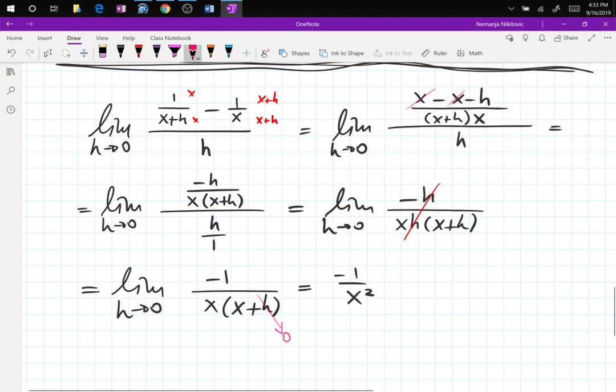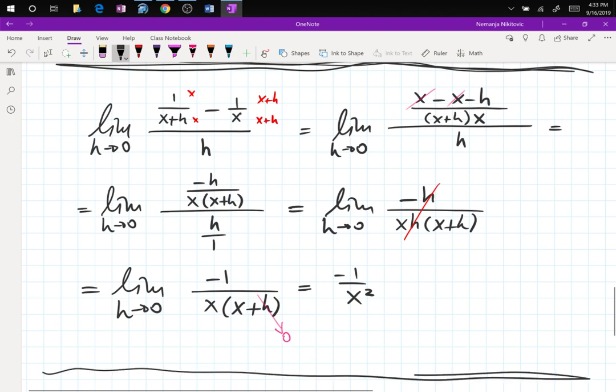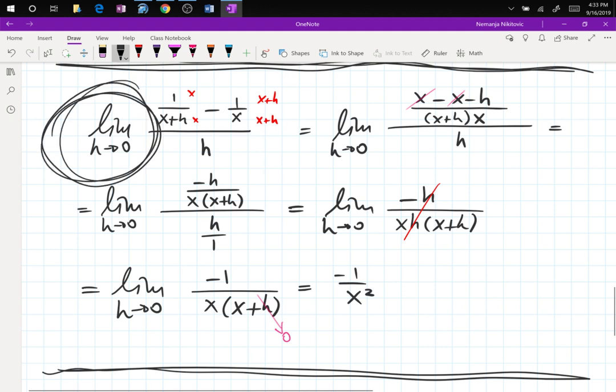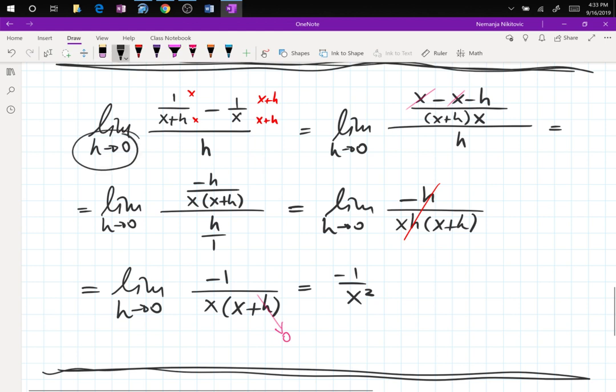Now, this problem is interesting because you have two different variables in it. You have x variable and h variable. See, limit only impacts the variable that is mentioned in the limit, which is h. And x is not bothered at all.